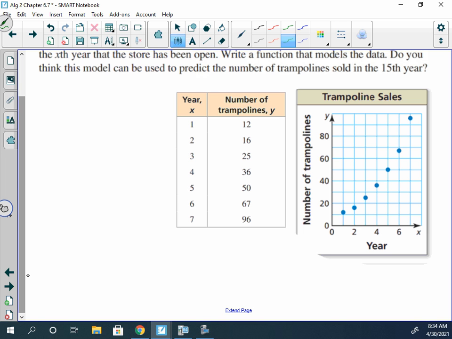Now, there's several ways that we can go about doing this. We can use the process we just had and pick two numbers. So I could pick numbers (1, 12) and (4, 36) and go about finding a and b. And that's exactly what the textbook would say, and I would agree that's what we could do.